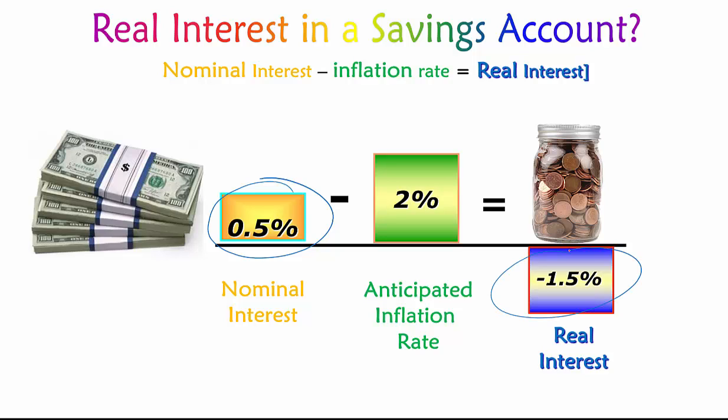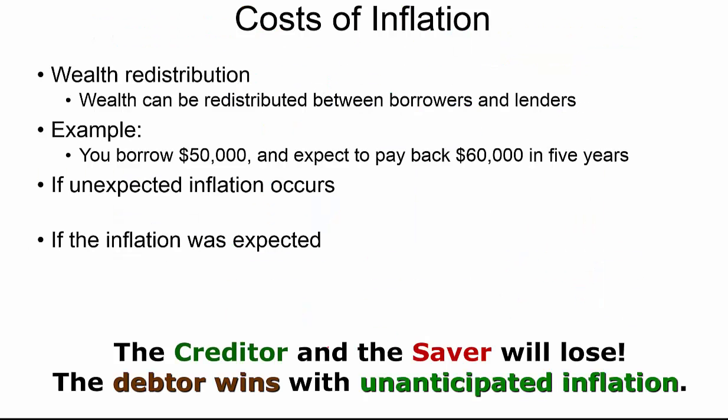Now, before we get upset, what if you kept it in a piggy bank instead? The piggy bank would earn 0% interest. Inflation's coming in at 2%, and so keeping it in the piggy bank means you earn even less real interest, negative 2%. So that's kind of a bummer.